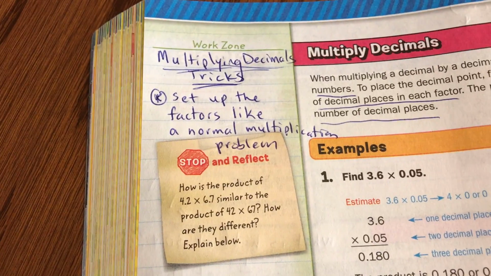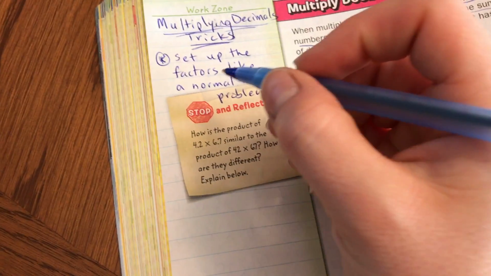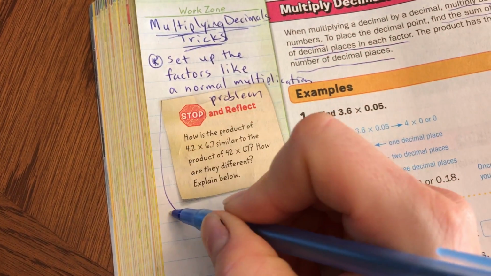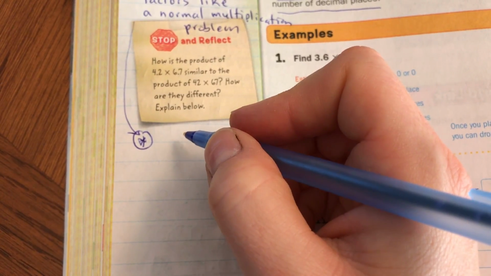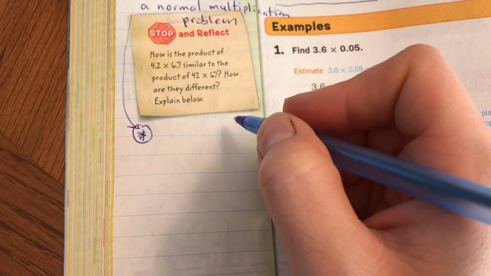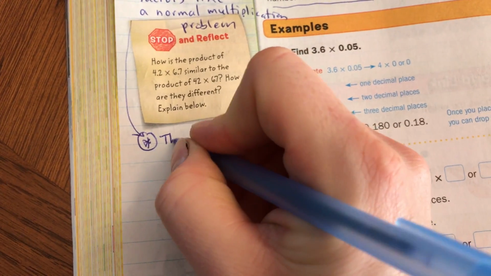You're going to be multiplying like normal. But then when you do the decimals, let's go back down here. You think about taking out the decimals from the factors and putting it back into the product.